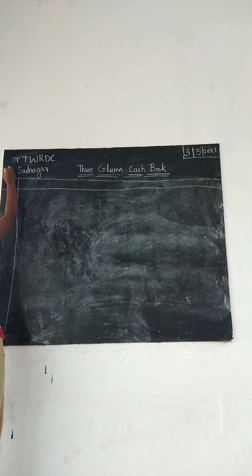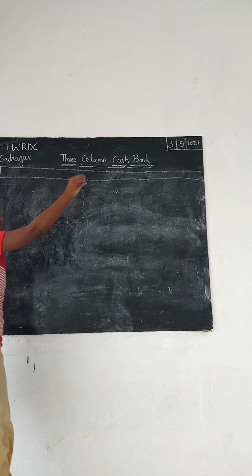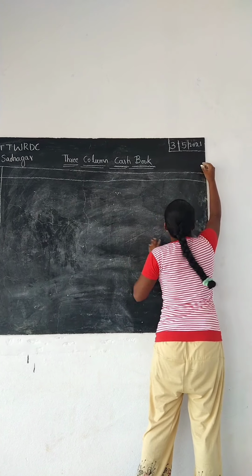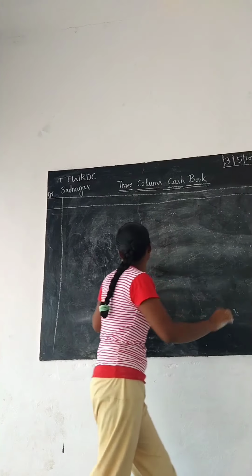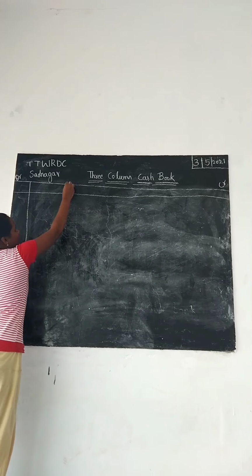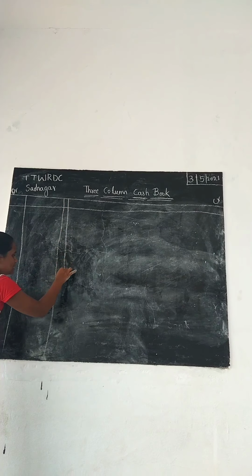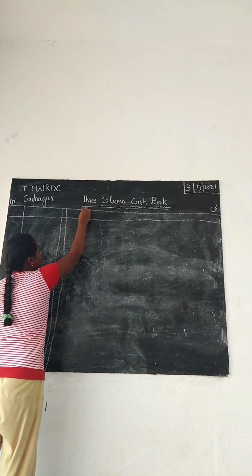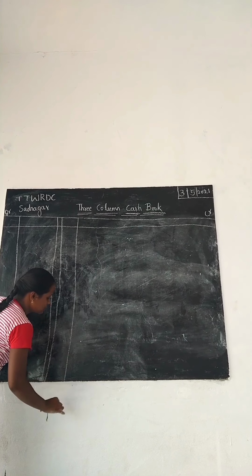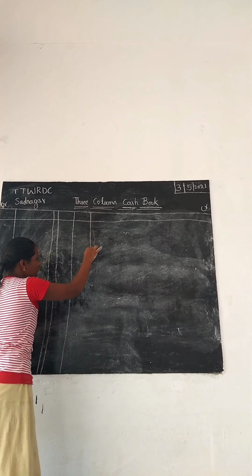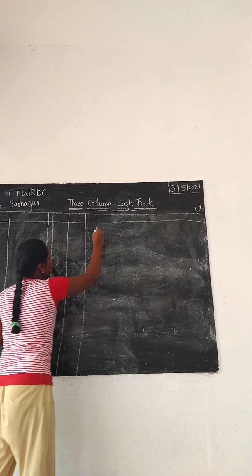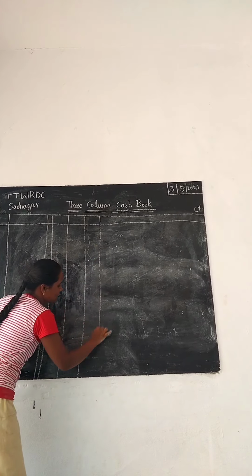Now we see the proforma of the three-column cash book. There is a debit side and a credit side. Date column, particulars, JF, discount, cash, bank.